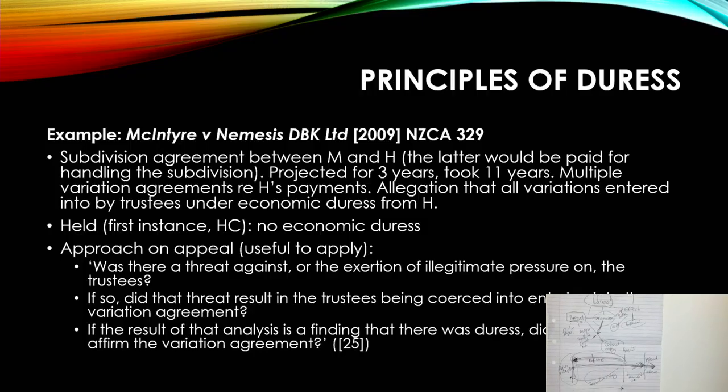Okay, so McIntyre is where we see this developed approach taken. The Court of Appeal says, do you know what? There's sort of three things: one, the threat; two, the coercion; and three, the effect. Variation, affirmation. So that's really where I got this three-part summary of where the case law was going. Okay?